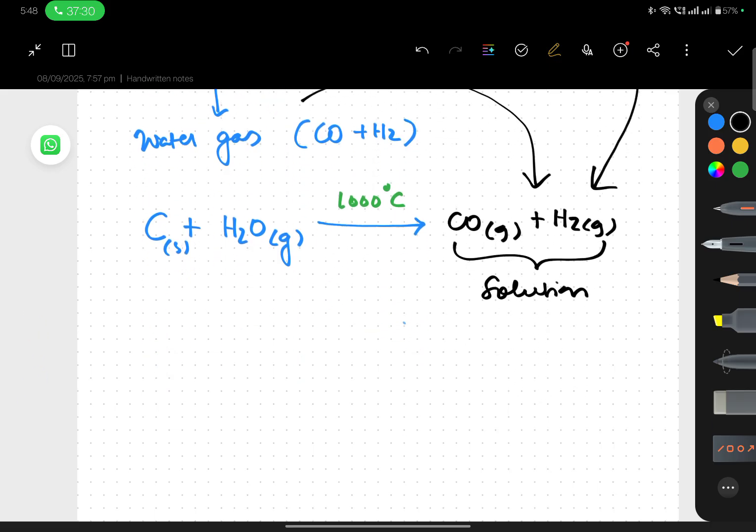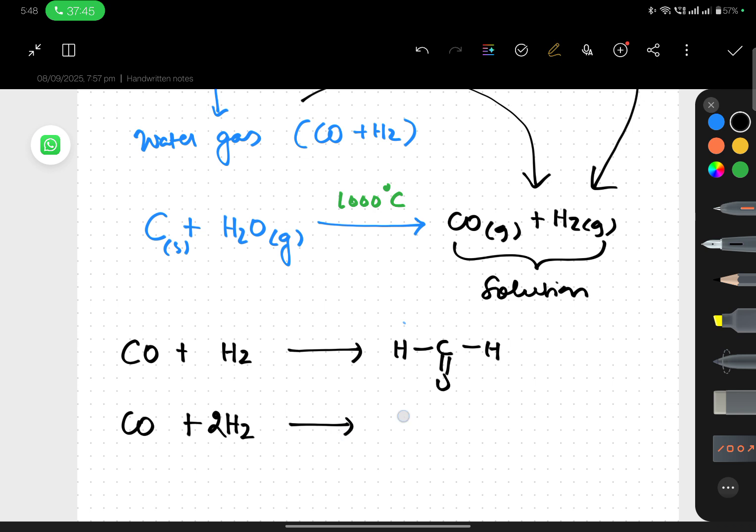So using this method you can prepare many things. Carbon monoxide plus dihydrogen gives you methanol. Carbon monoxide plus 2 moles of dihydrogen can give you methanol. Carbon monoxide plus 3 hydrogen can give you CH4 plus H2O.